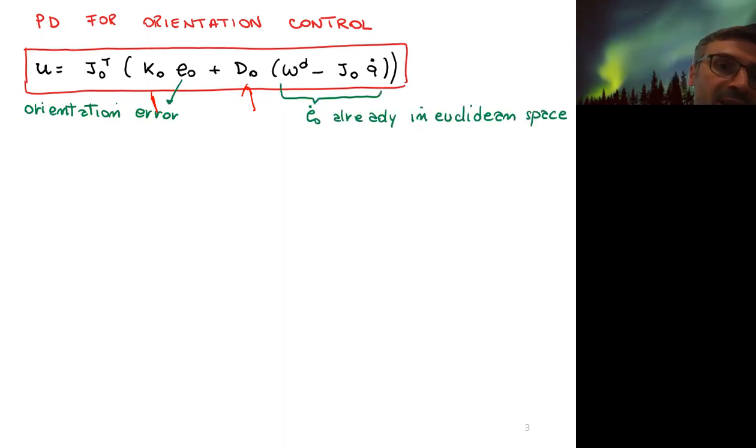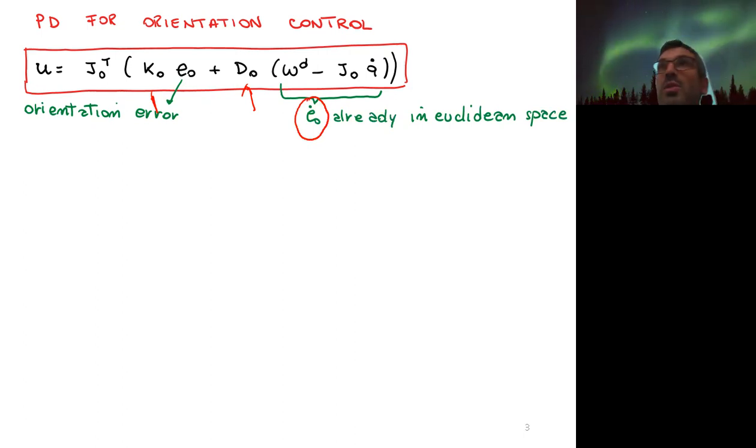This error is already in the Euclidean space because we know the angular velocity was defined in the Euclidean space. We don't have any problem. While the torsional stiffness K_O, where O stands for orientation, is multiplied by the orientation error, and we will see that this is tricky to compute.